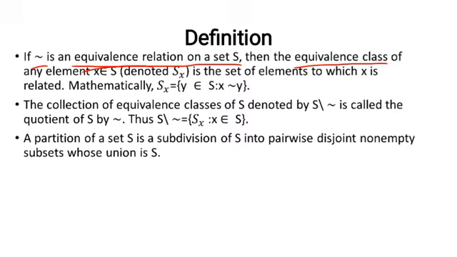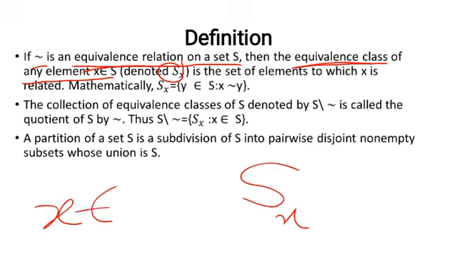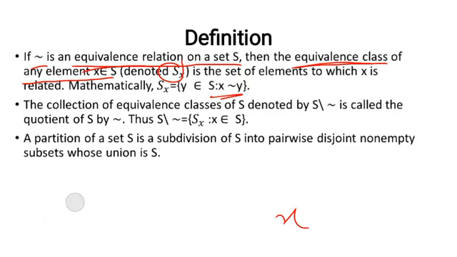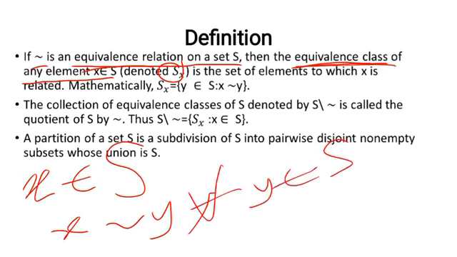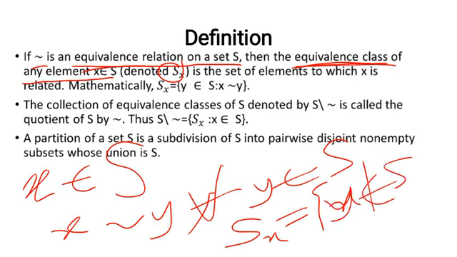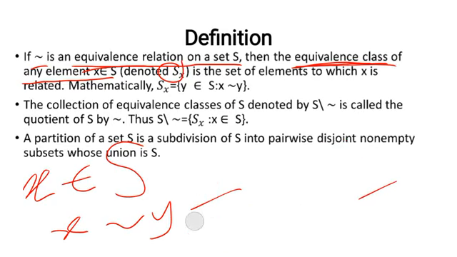If we have an equivalence relation, then the equivalence class of an element X in S, which we denote S with a subscript X, is the collection of all Y in S such that Y is related to X. It collects all the Y's that relate with X. So that's the right definition: not the X but the Y's that are related to X.